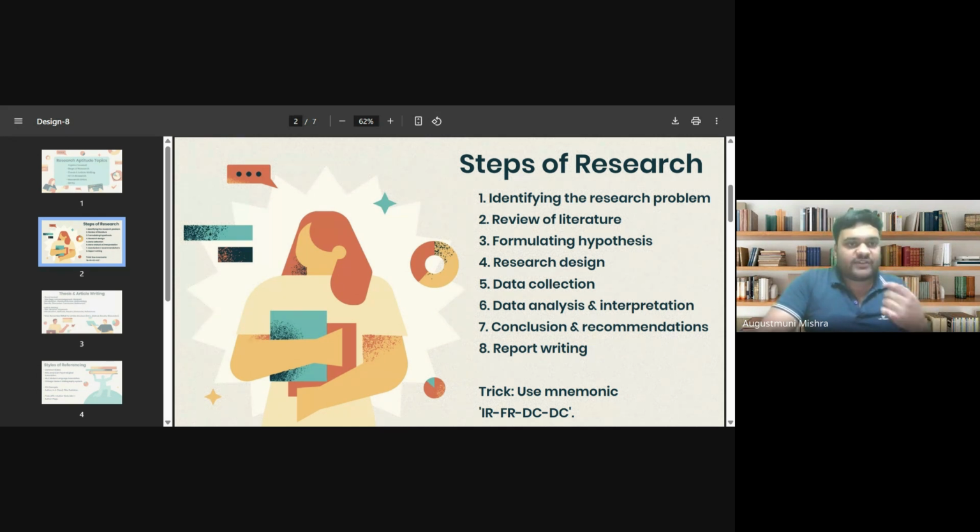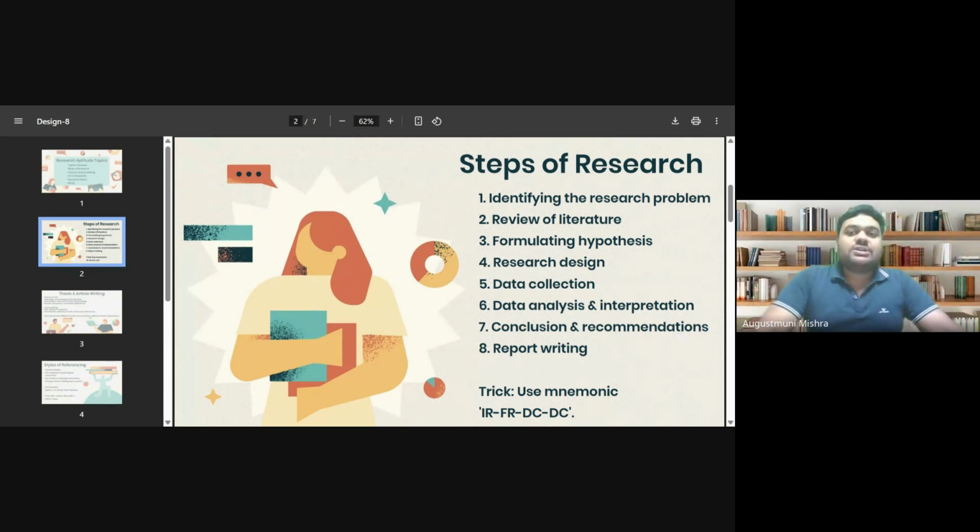Later on, when your research work is published, people are going to use it. It will add value to the knowledge related to the subject in which you are researching. So it is helping you, and later it also helps other researchers.